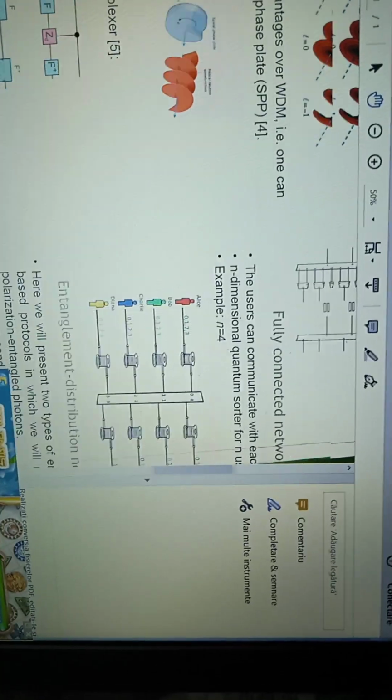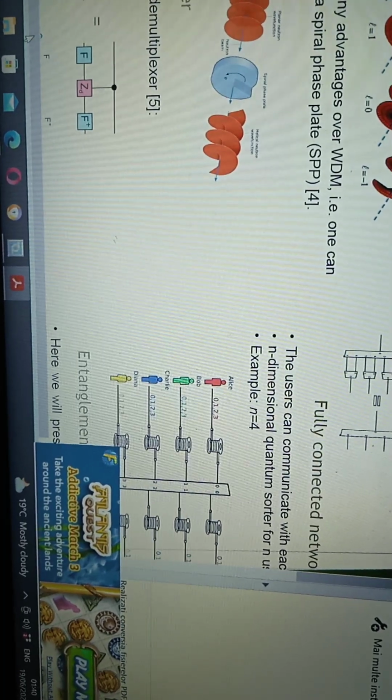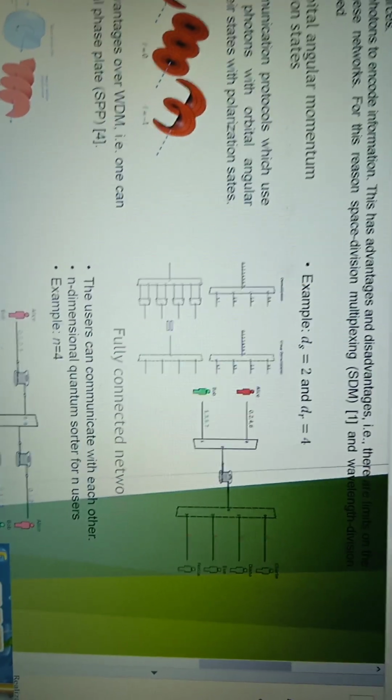And we'll have here a diagrammatic example again of a point-to-multipoint protocol in general terms, the general case, for ds equals 2 and dr equals 4.